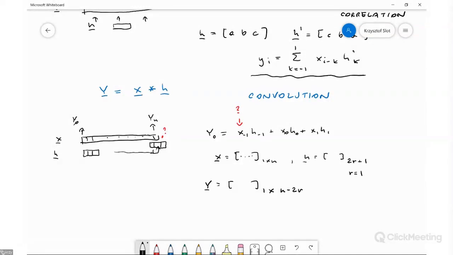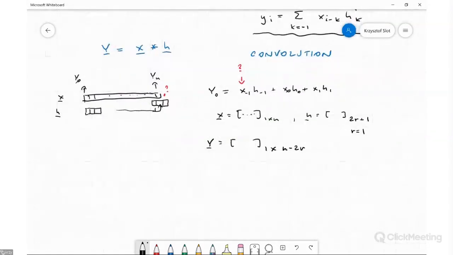So if r is 1, it will have just n minus 2. So you see that if I would like my output to contain only true values, actual values that result from information that is in X, then the size of the result will be smaller.